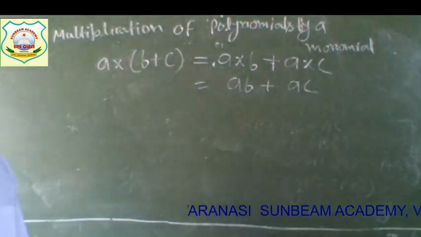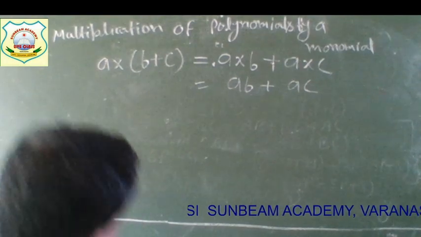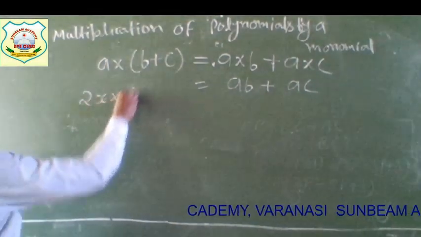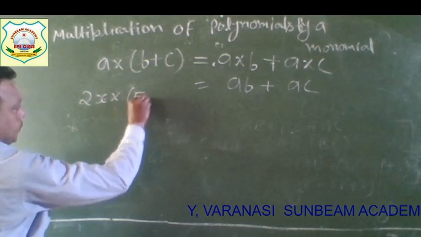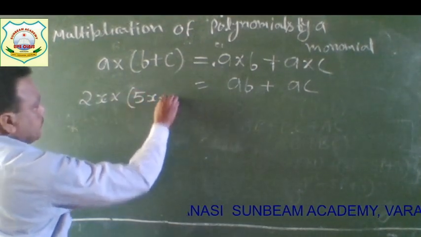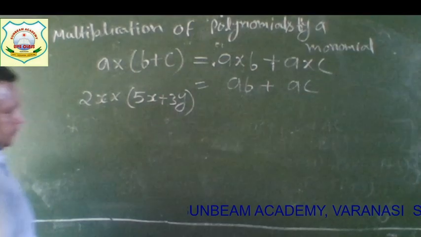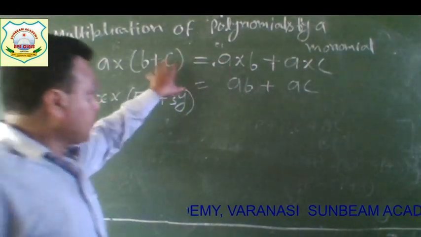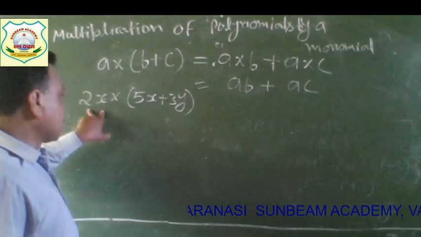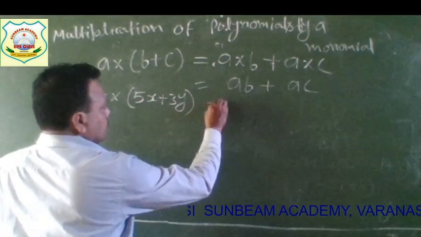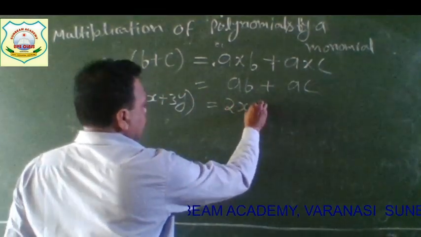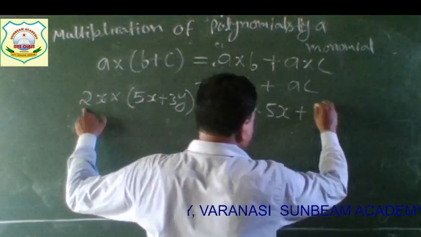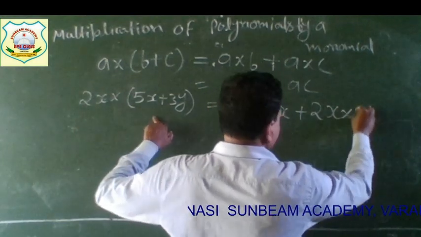We can see with an example, students. I am taking one example. Suppose we have taken 2x multiply 5x plus 3y. Similarly, whatever we have told here, by this expression we will do this. 2x multiply 5x, then plus again 2x multiply 3y.